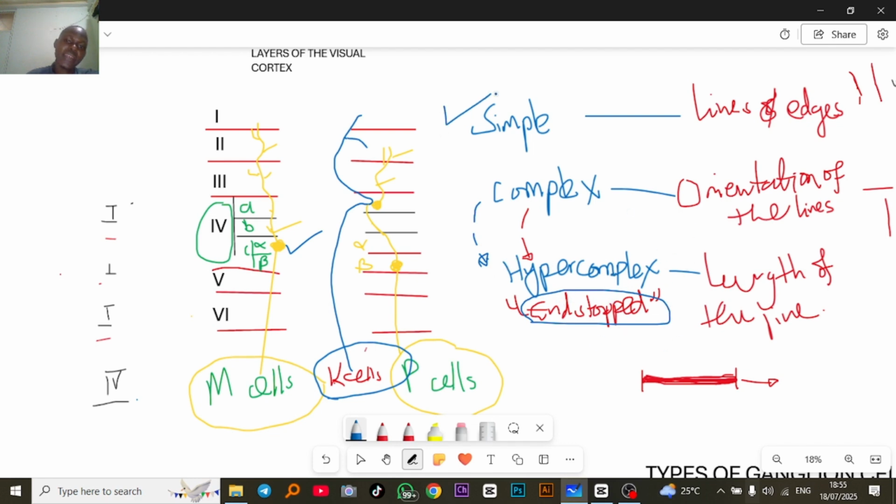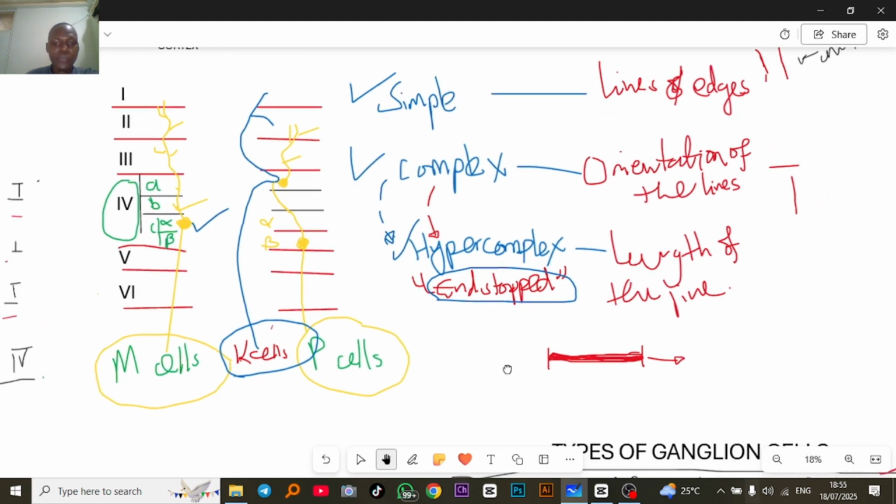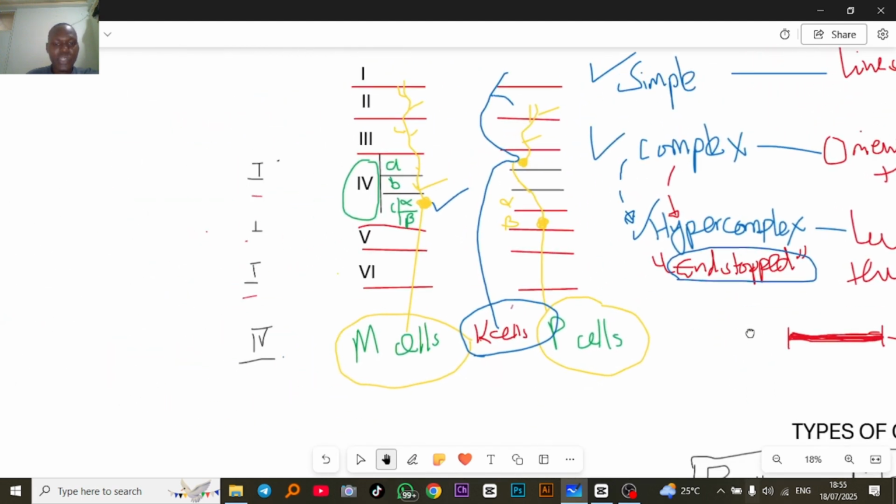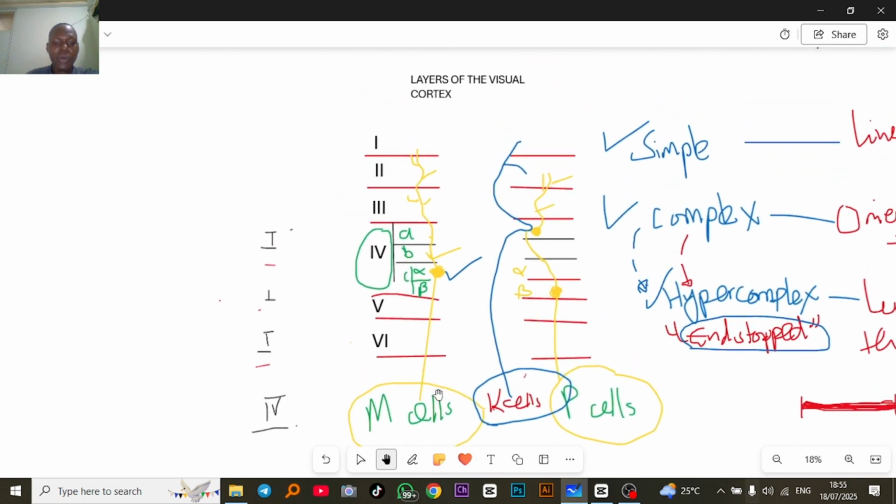Those are the other cells that we have in the visual cortex, and at this point, I believe we have covered what we are supposed to know about the visual cortex. The other one, which I'll talk about briefly, is the secondary association cortex, which I talked about earlier. We have the dorsal stream, going to the parietal lobe, and the ventral stream, going to the temporal lobe.